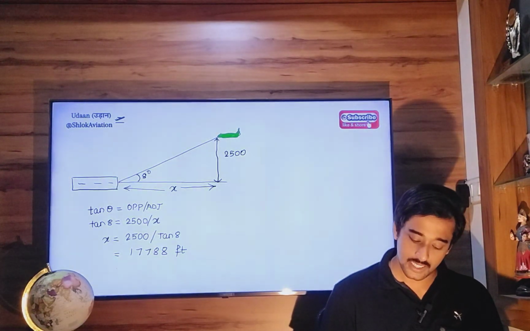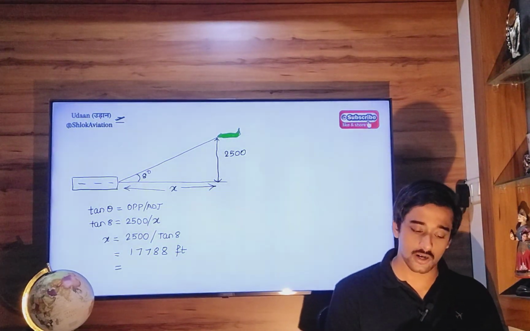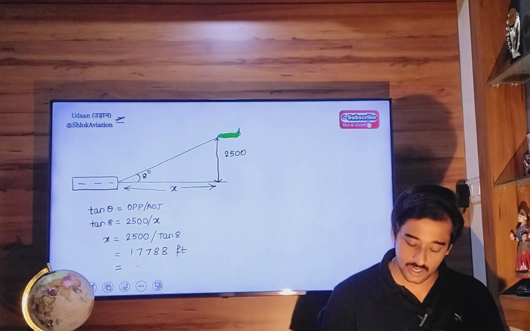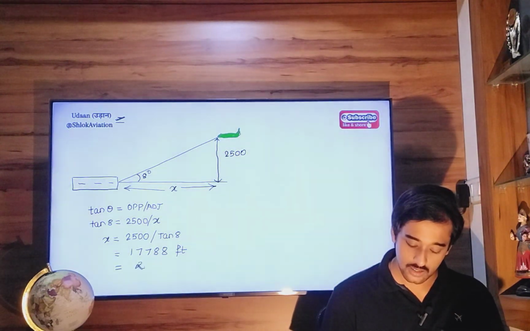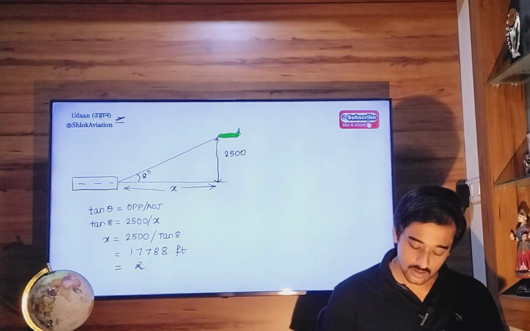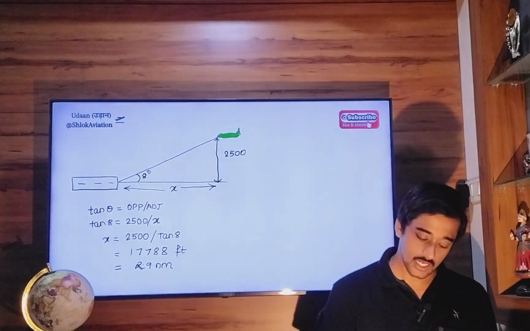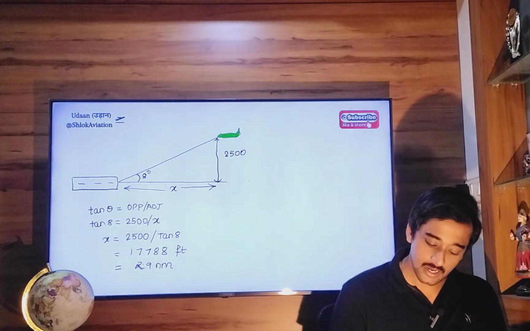So divide that by 6,080 to convert that into nautical miles. So that is equal to approximately 3 nautical miles, okay, 2.9.